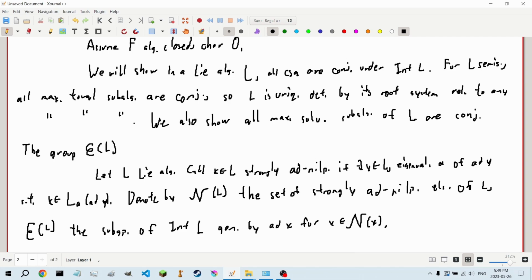And as our N of L is stable under the automorphisms, we get that our E of L is normal in the automorphisms of L.